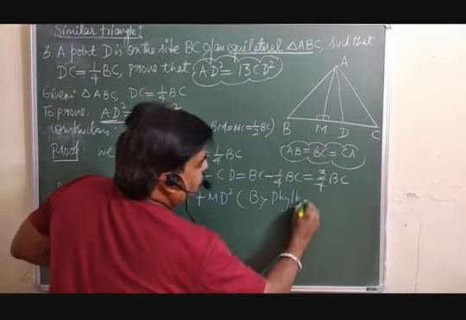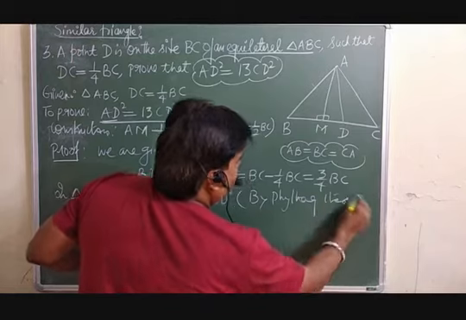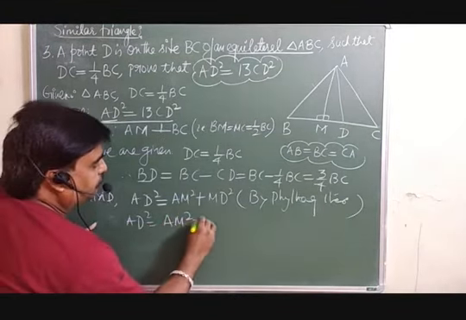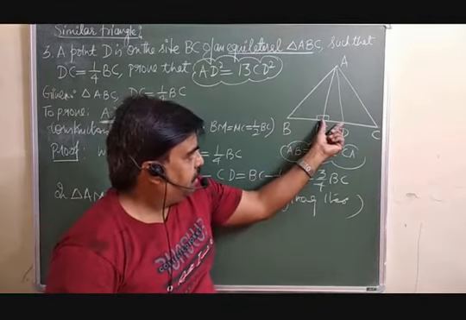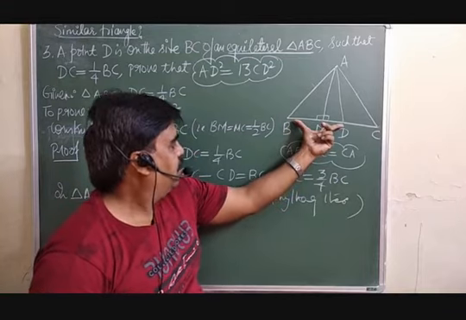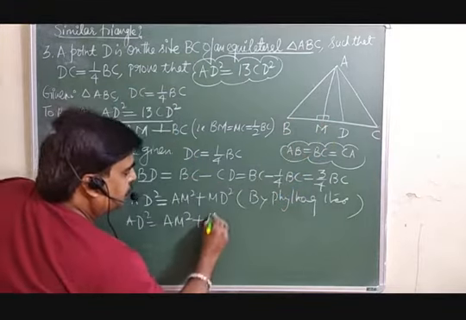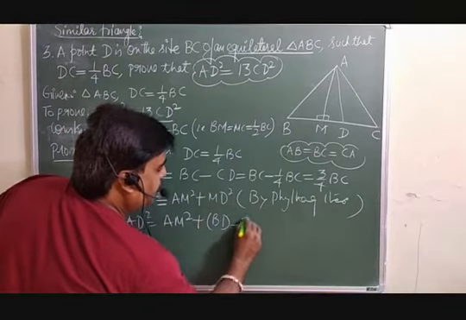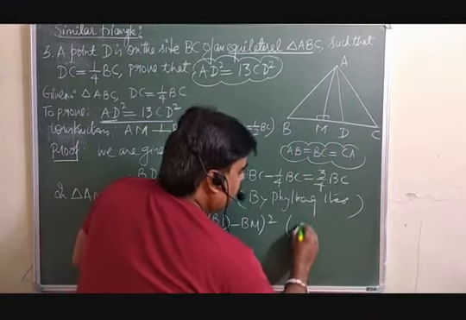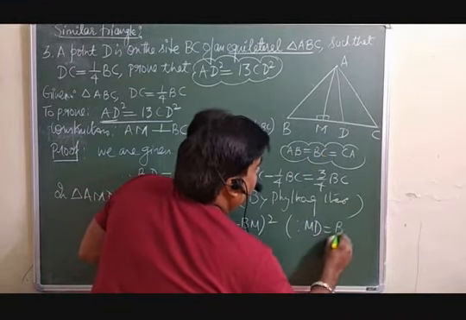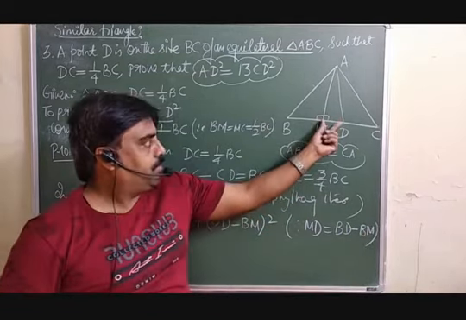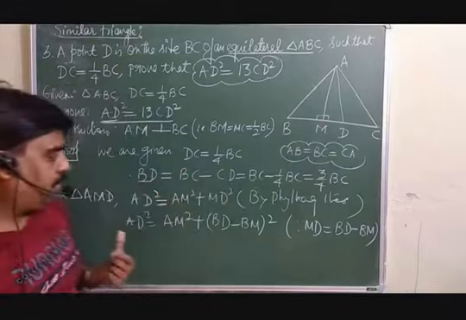Keep AM square as it is, but this MD can be written as BD minus BM, because from BD you subtract BM and you get MD. So it is BD minus BM whole square.